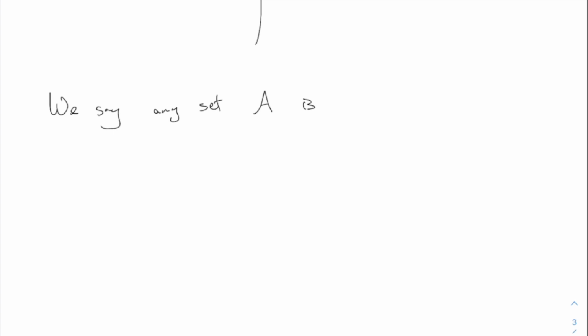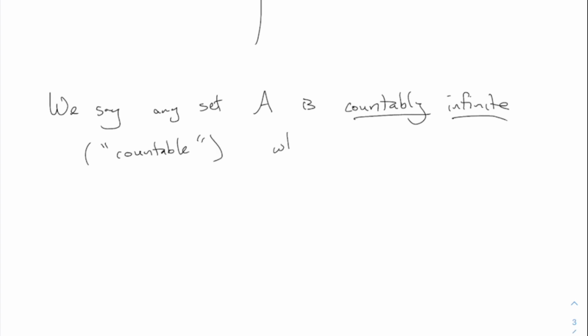We say any set A is called countably infinite, or usually we're just going to say countable, when A has the same size as the natural numbers. Countably infinite means that A has the same size as the natural numbers.